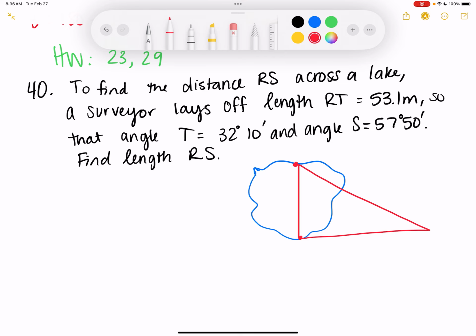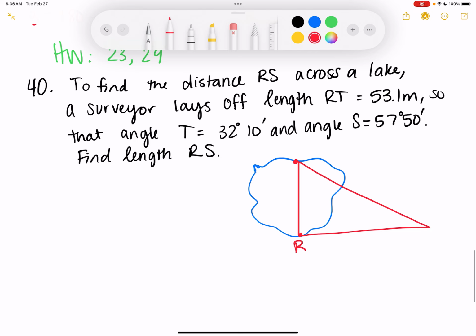This is R, this is S, this is T. This is where our little guy is. So this is the picture that they give us. But we have other information that we can fill in, obviously.